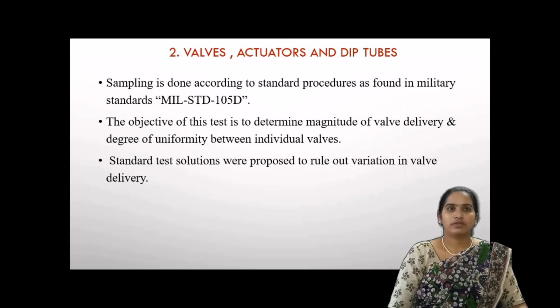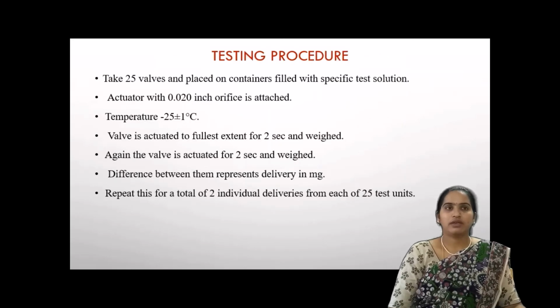The objective of this test is to determine magnitude of valve delivery and degree of uniformity between individual valves. For this testing of performance of valves, standard test solutions were proposed to rule out variation in valve delivery depending on various pharmacopoeias.